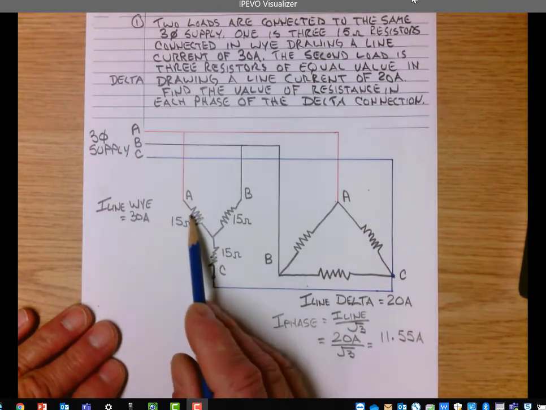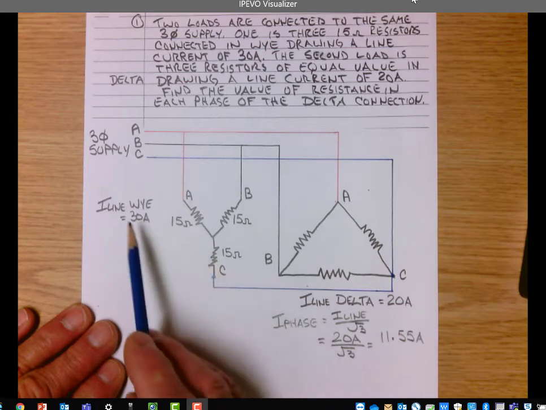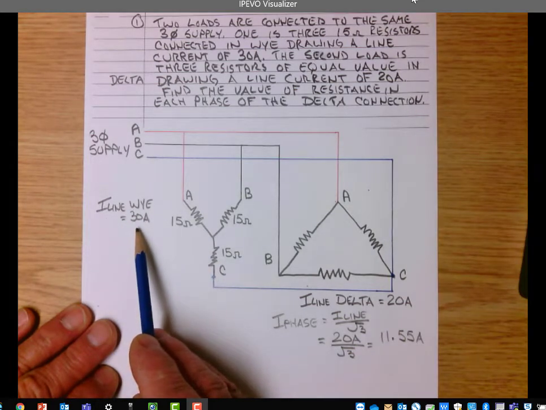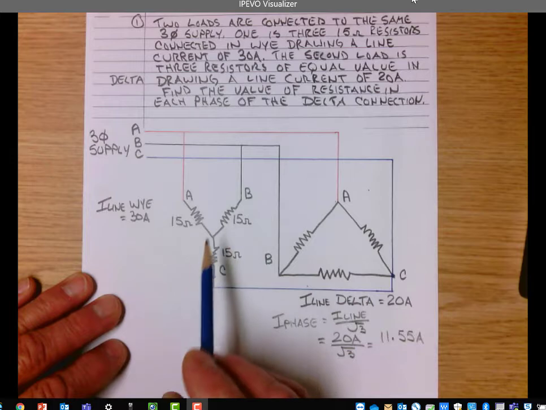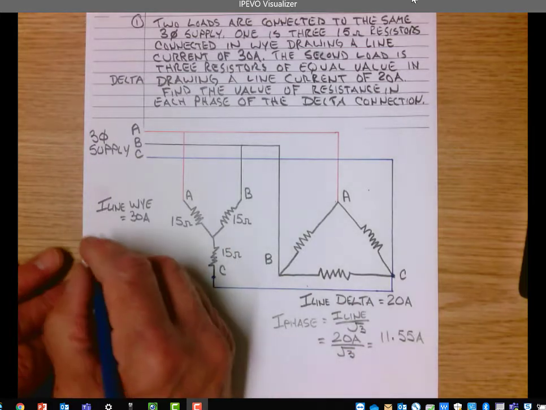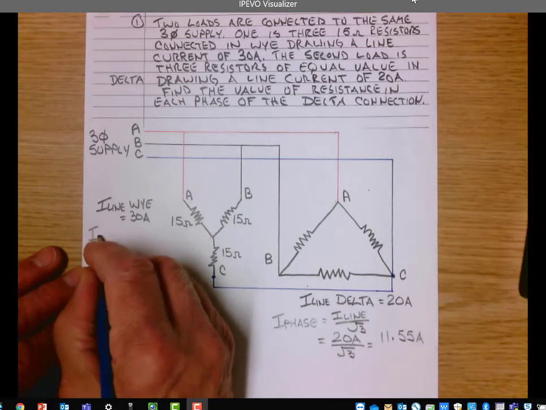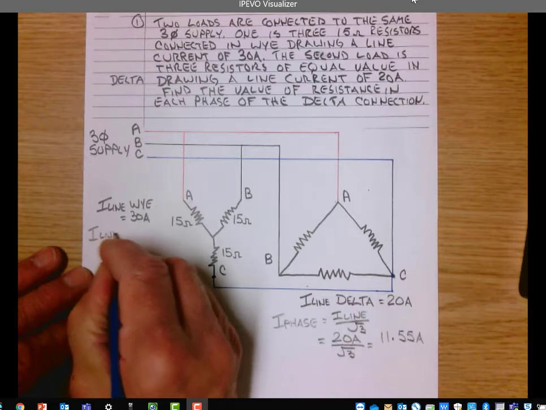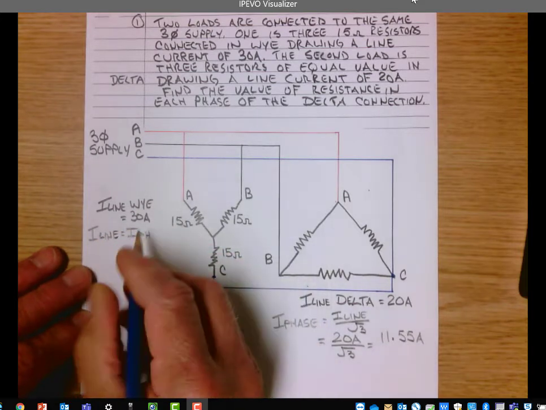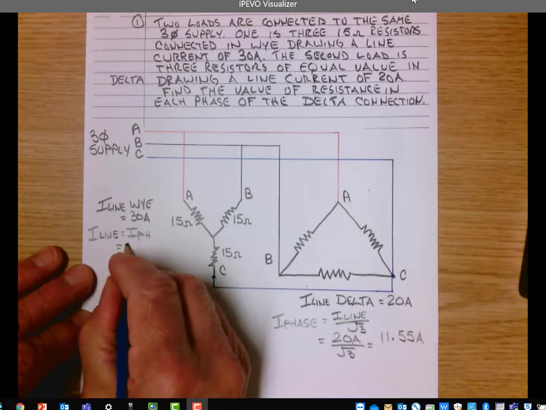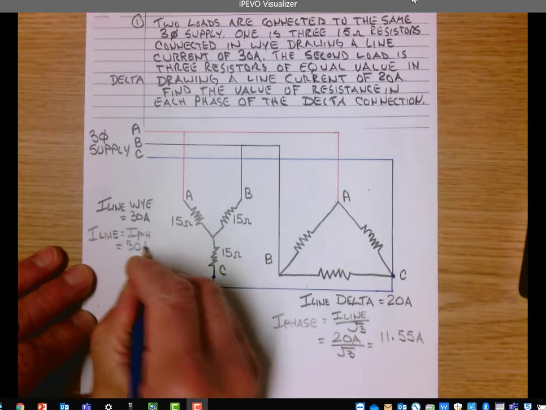If the resistor in each phase of the Y load is 15 ohms and the line current for the Y load is 30 amps, one thing we know about current in a balanced Y is that I line equals I phase, which is going to equal 30 amps.